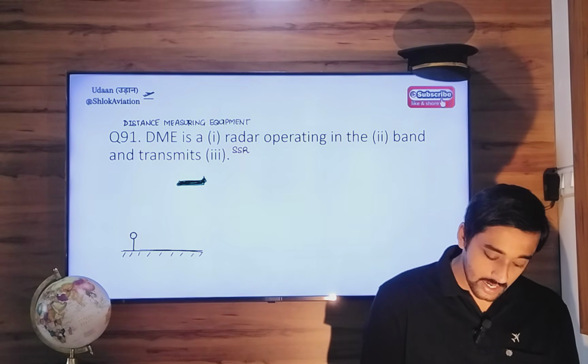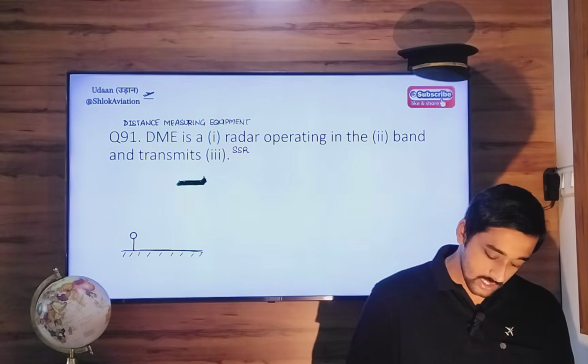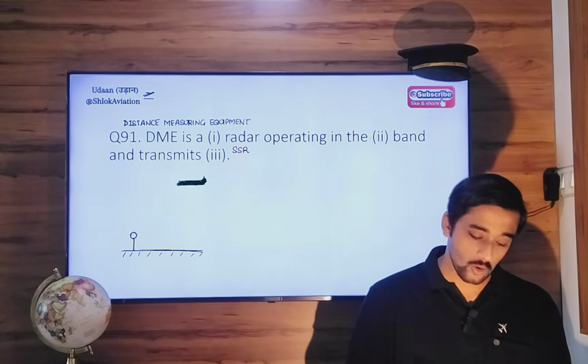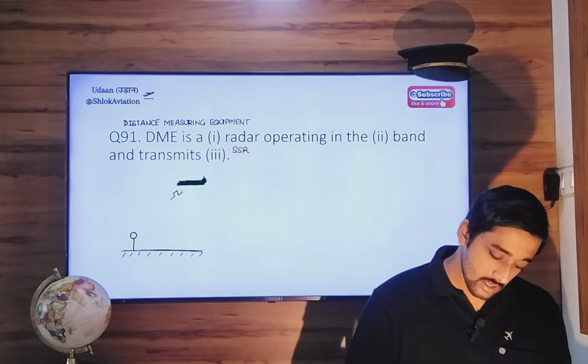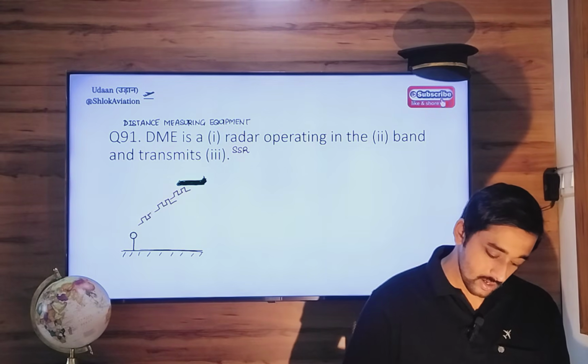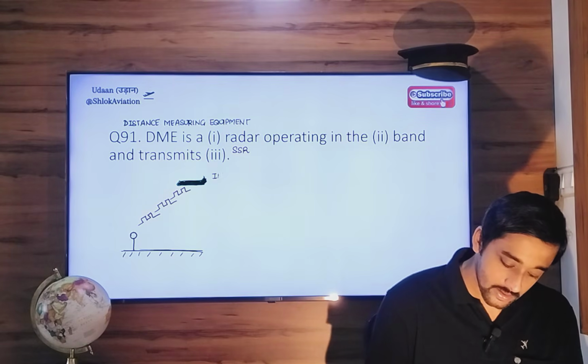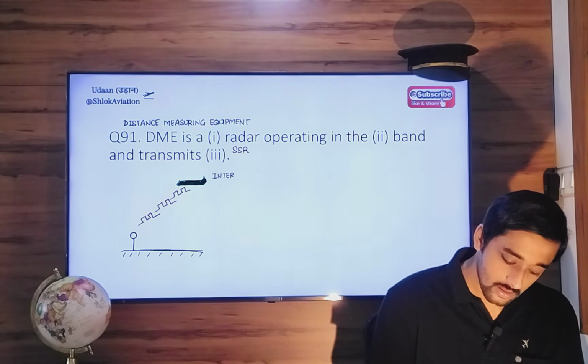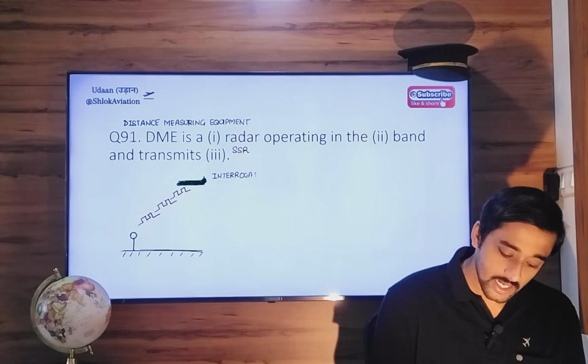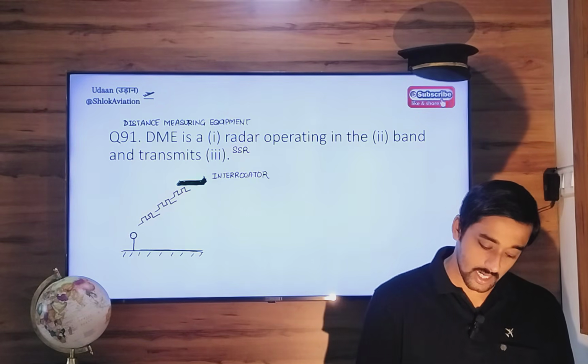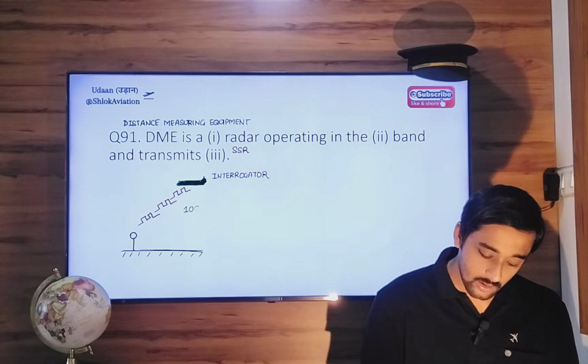So this aircraft will transmit a radio pulse in all directions. So your aircraft will be deemed an interrogator. The interrogator will transmit radio pulses at a frequency of 1090 megahertz.